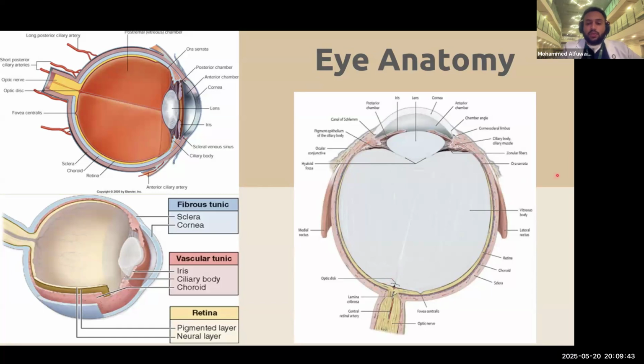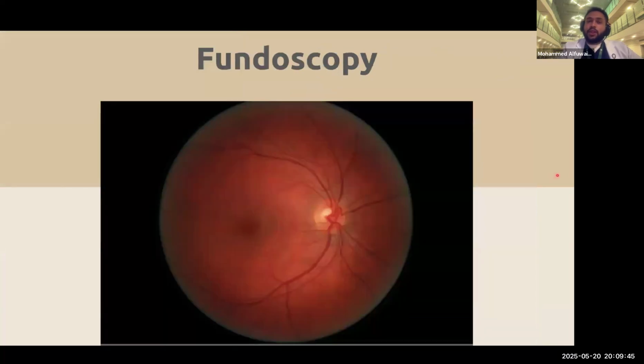Now we'll go into the pathologies one by one. Firstly, if we want to look at the inside of the eye, we do something called fundoscopy. Fundoscopy will allow us to look at the retina. What are some things we want to look at in terms of the retina? Firstly, what do we have over here?